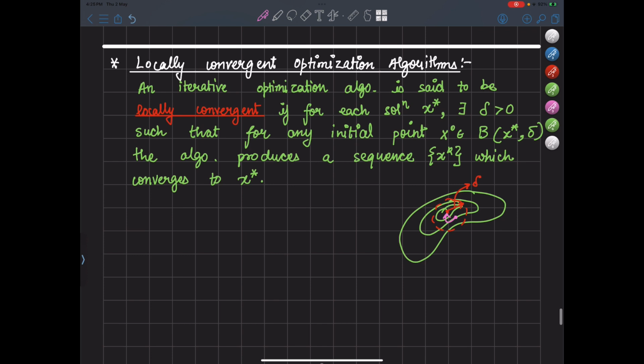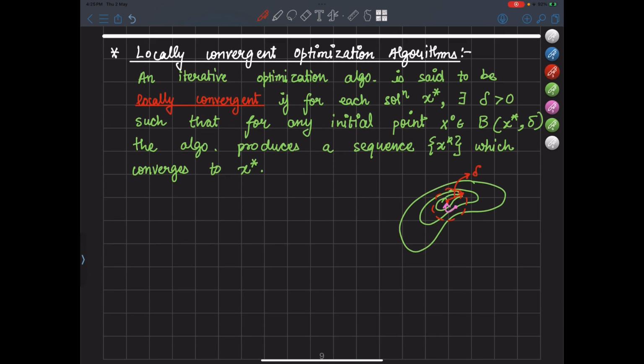And it turns out that the classical Newton algorithm is locally convergent.